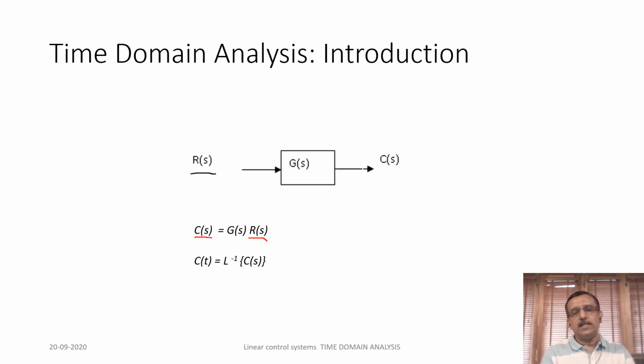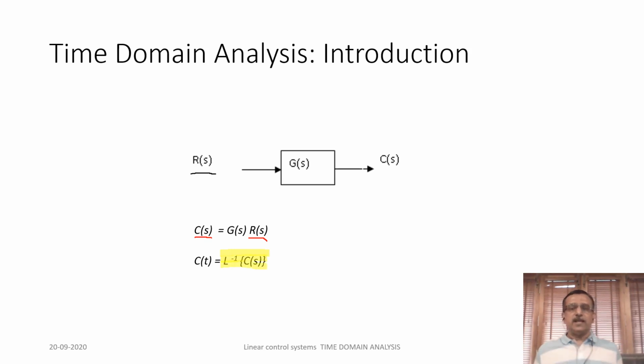And once you get C(s), you can find C(t) by taking the inverse Laplace transform of C(s). It's very important. You can get C(t) by finding L inverse of C(s).